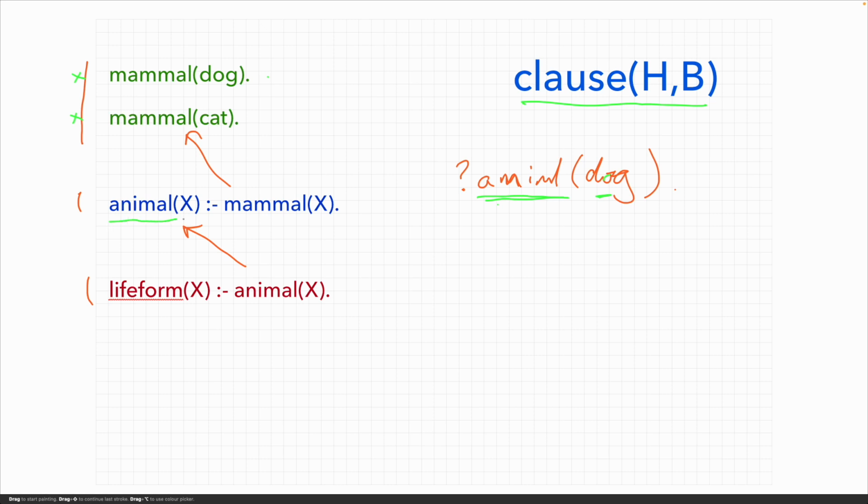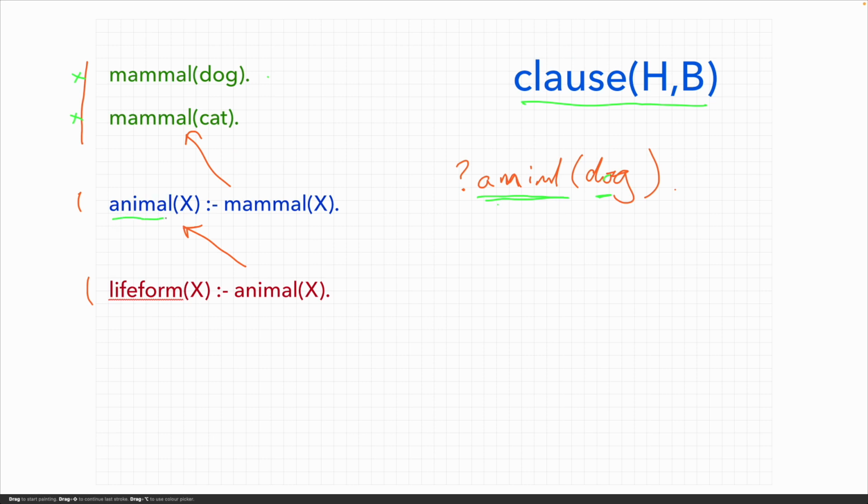Now, just finding this rule doesn't prove this, because we have a body that also needs to be true. Do you remember in Prolog, the head is true if the body is true. This is true if this is true in that direction. So we need to be conscious of that as we try to prove this.